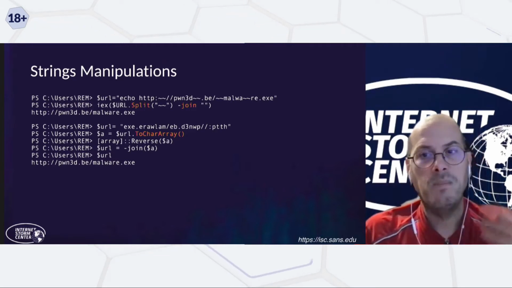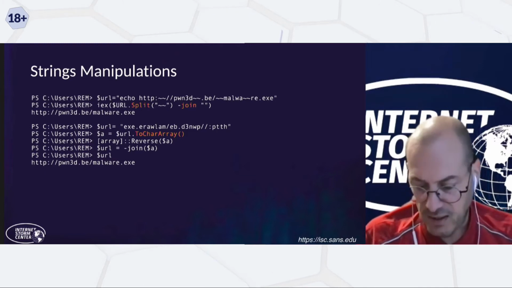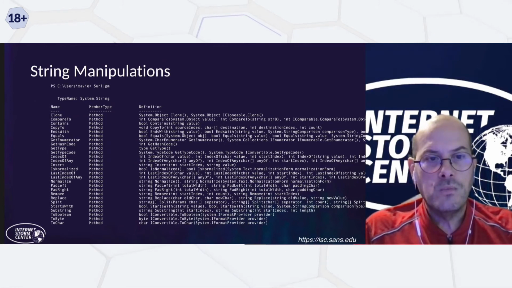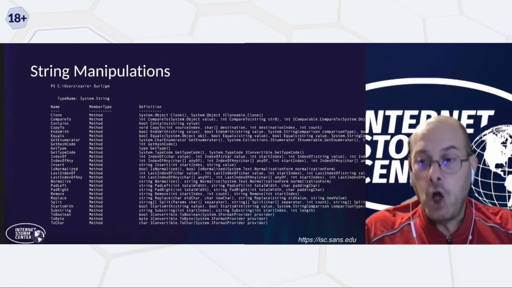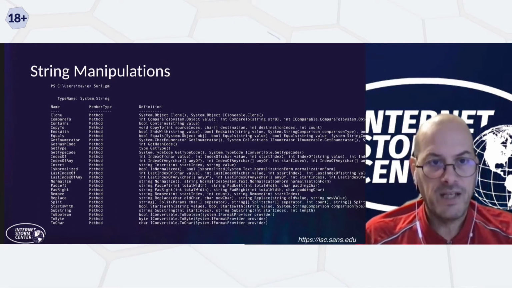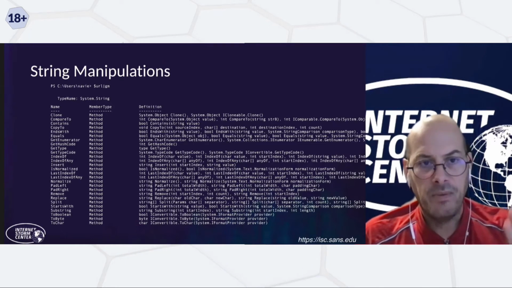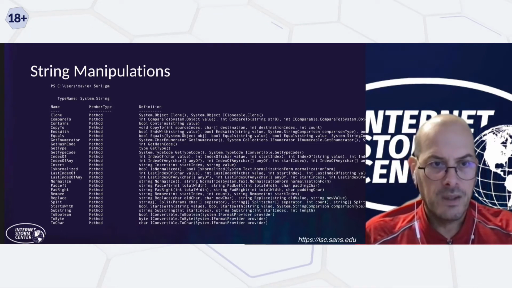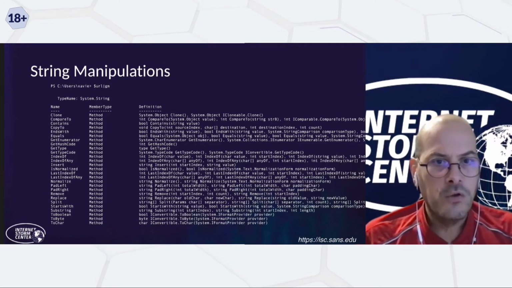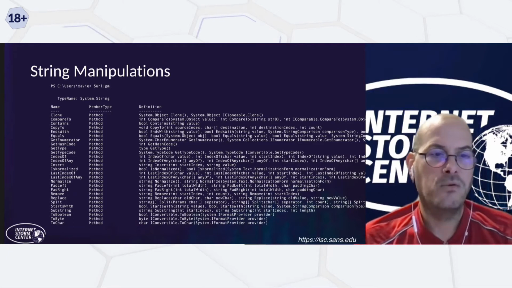So you see the string manipulations are very powerful, and you have plenty of techniques like this. When I said a lot of techniques, you really have a lot. If you use $URL pipe gm, you will get all the methods that you can apply on a string.